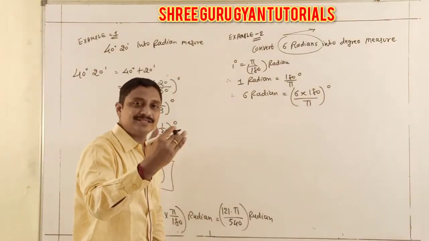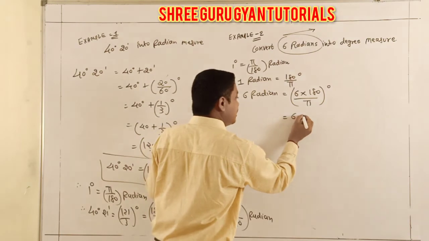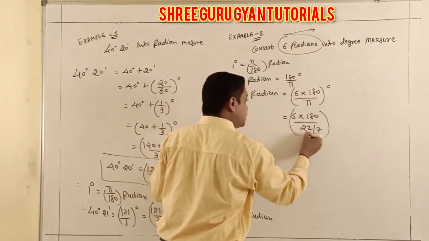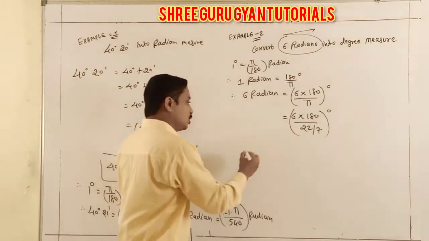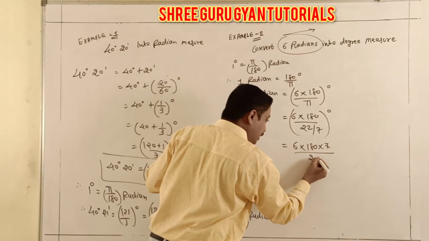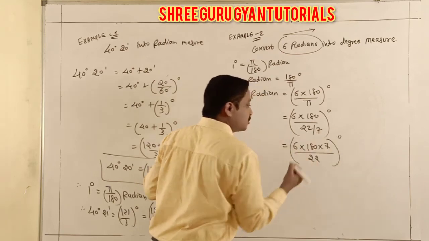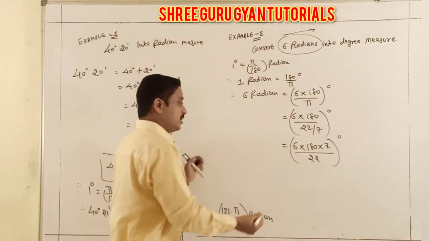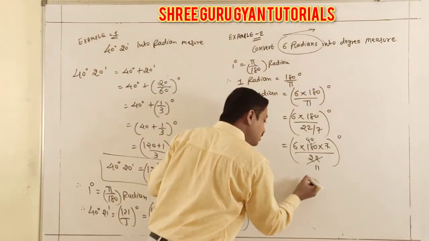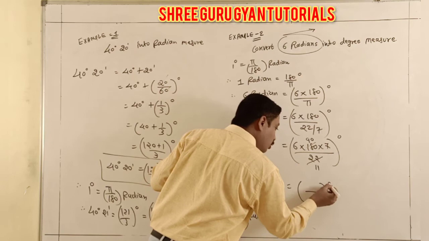Now I explain slowly. 6, 180, and pi is 22 by 7, and this degree. So 6 into 180 into 7 by 22. And here students, simply cutting. Here 9 twos are 18, 11 twos are 22, and these are the total product value.